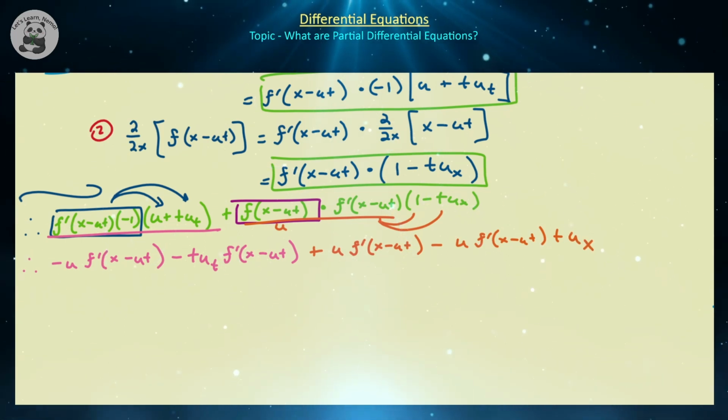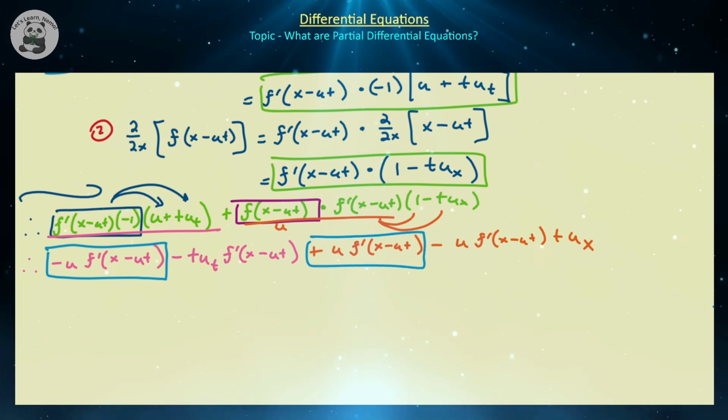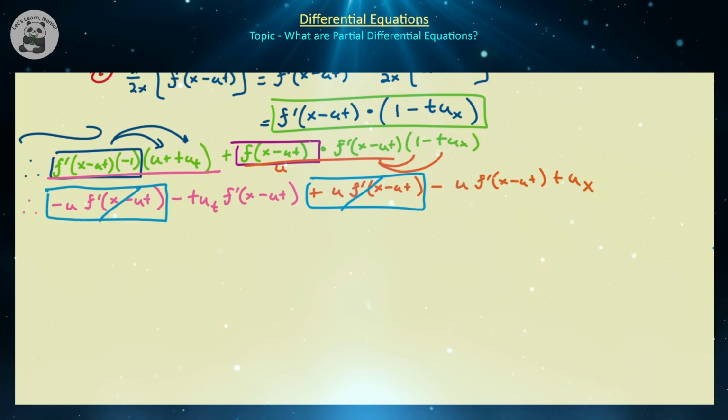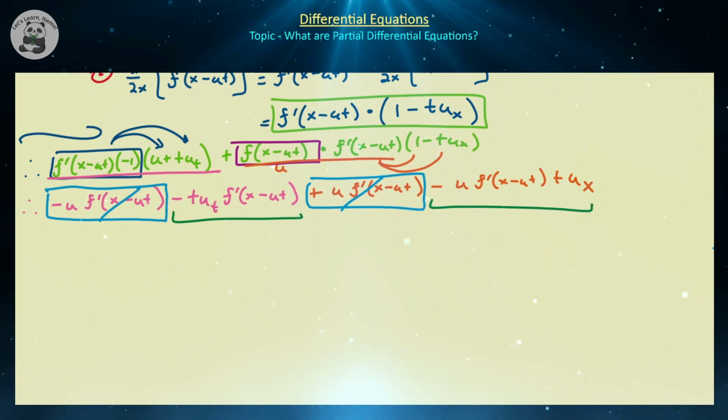So let's take a step back and see what we have here. Notice that we have a minus u f prime and a positive u f prime, so they're going to cancel each other out, which is quite nice. And then we're left with two terms that both have a negative sign in front, so I can factor out that negative sign.